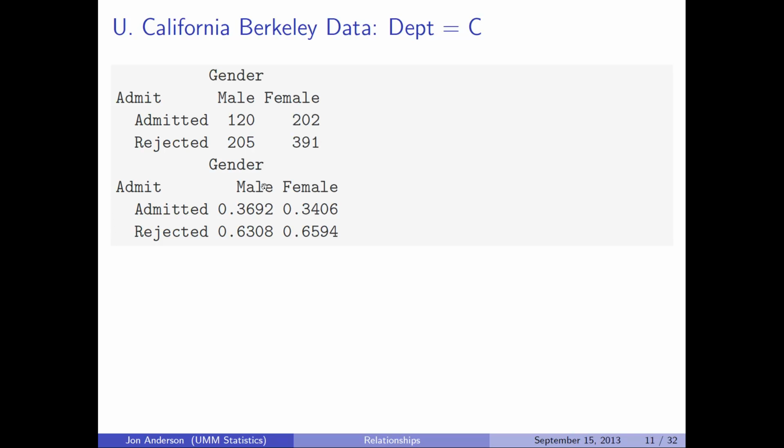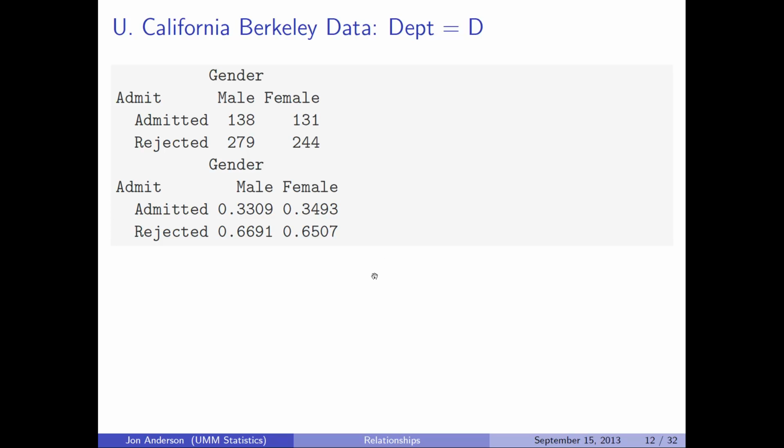Let's take a look at Department C. It's 37% of males got in and 34% of females got in, and at least finally the direction is in favor of males, so at least this is a little bit suspicious, but boy, it sure isn't a very big difference. 37%, 34%, that doesn't seem like a really big difference.